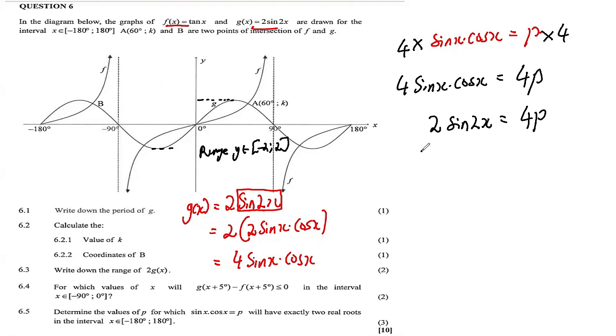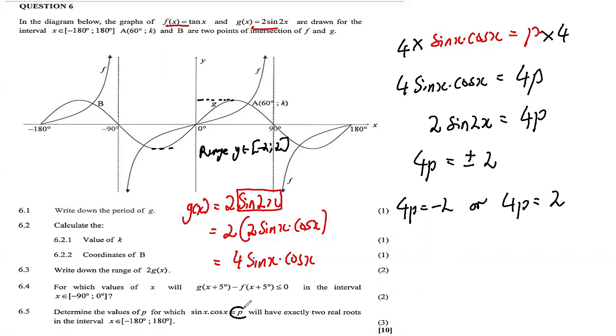So we can use that to say, okay, this is 4p, since the 4p now stands for g of x, right? So the whole 4p is now the graph of g of x, right? But now we know the graph of g of x has a minimum value of -2 and a maximum value of +2, which means to find our values for p, we can say 4p is equal to -2, or 4p should be equal to +2.